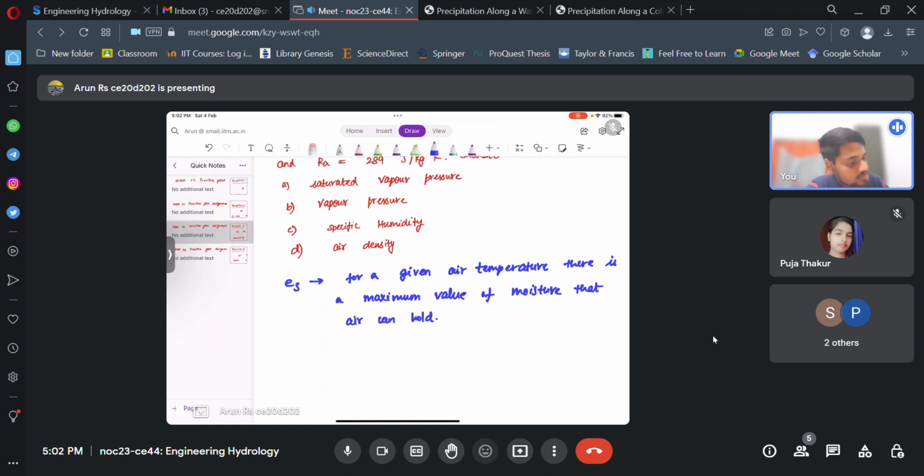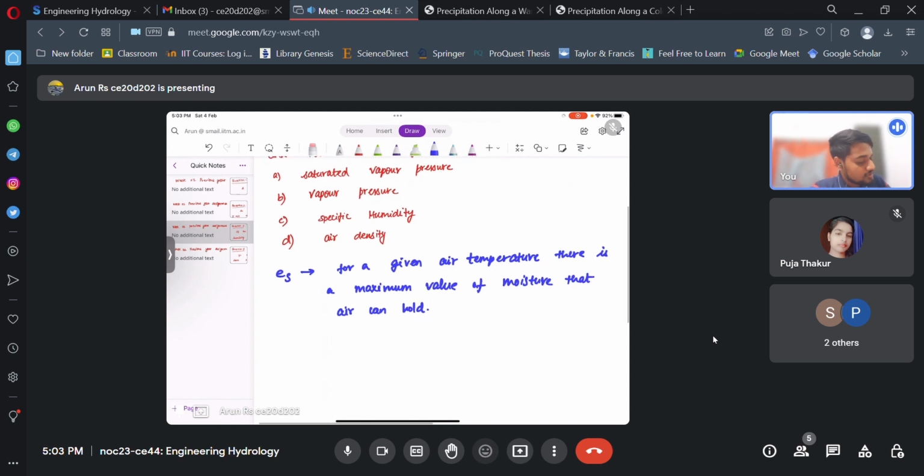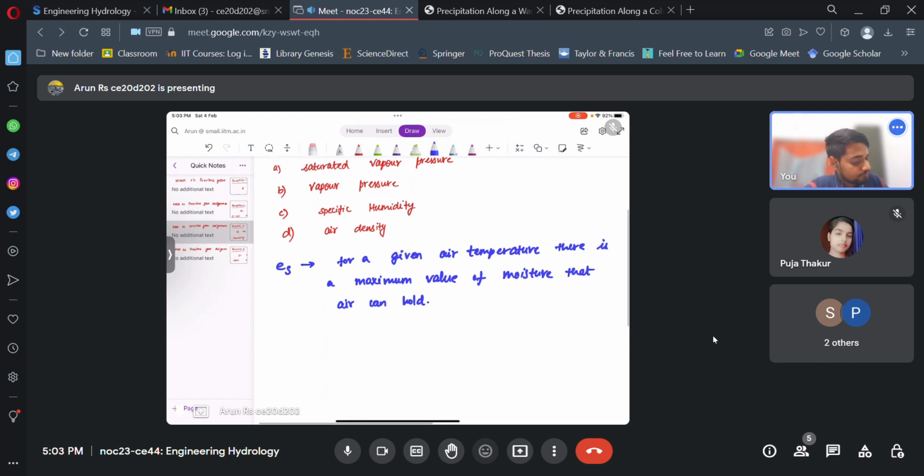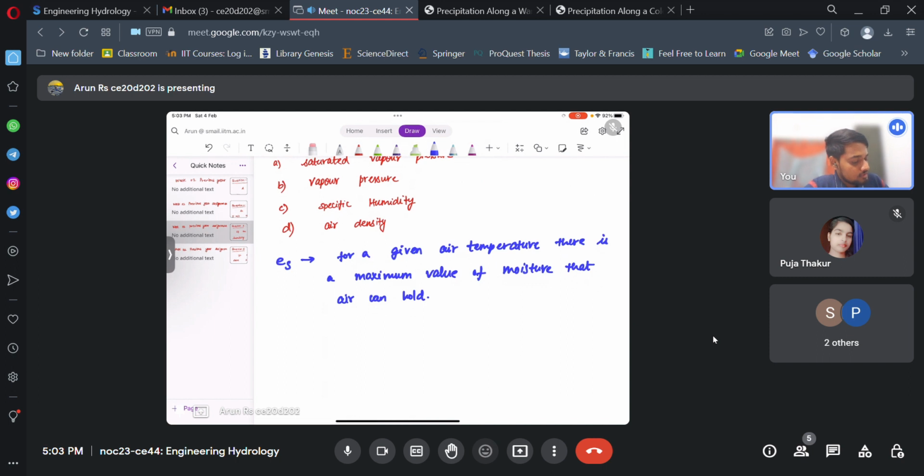This is the simplest definition. So for a given temperature, our air mass can hold a certain value of moisture content, and the pressure exerted by this air mass is known as the vapor pressure.